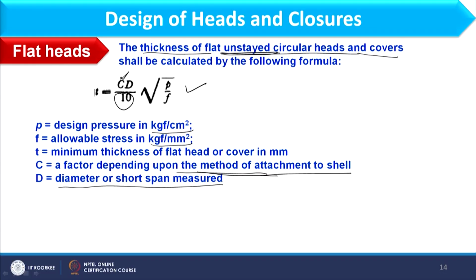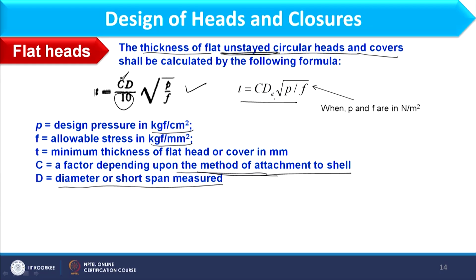Okay. And further, D is the diameter or short span measured. It means D is not always the diameter. You can consider this as an effective diameter which will depend on how the head is attached to the shell. Okay. And here I am having this expression where T equal to C DE root over P by F, where both pressure and allowable stress values are in Newton per meter square.